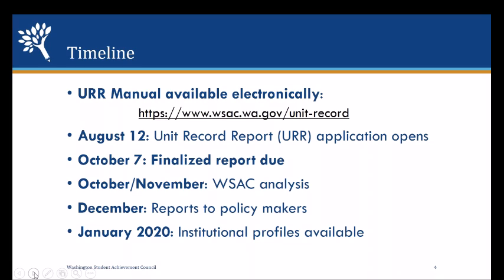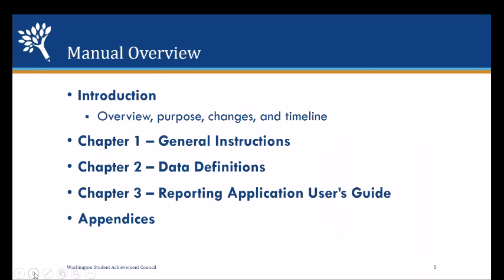And you all would like to see your information, so the earlier you get it into us, the better able we are to finalize and have your profiles available in January of 2020. So many of you have already been through this training, and it really doesn't change that much from year to year. But I'll go over a few of the things.